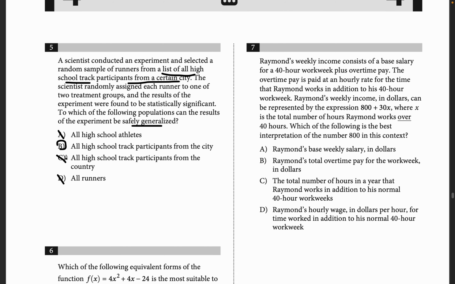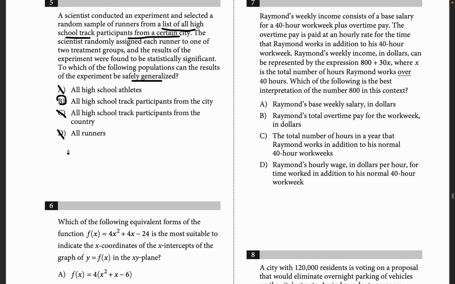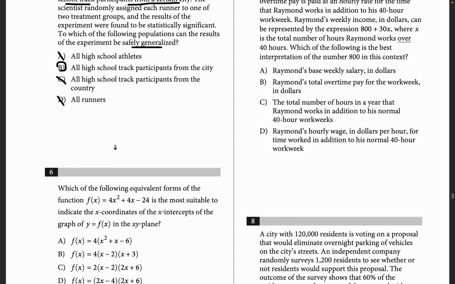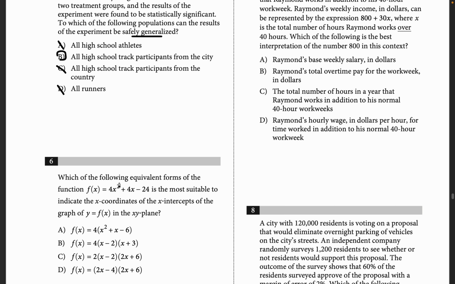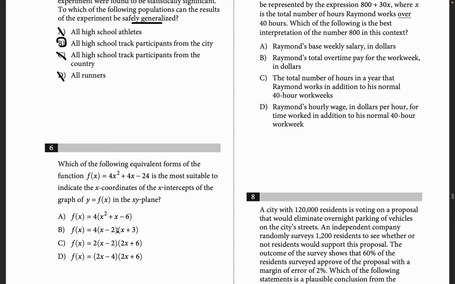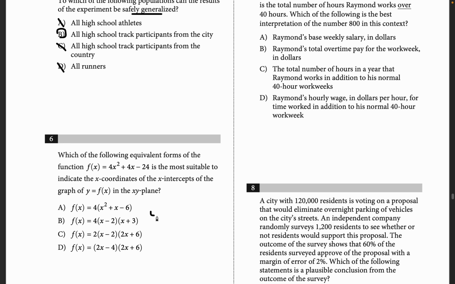Okay, next. Which of the following... we can factor this. We can factor out 4. Yes, this is a factoring question. Okay. So 4 times x squared plus x minus 6.